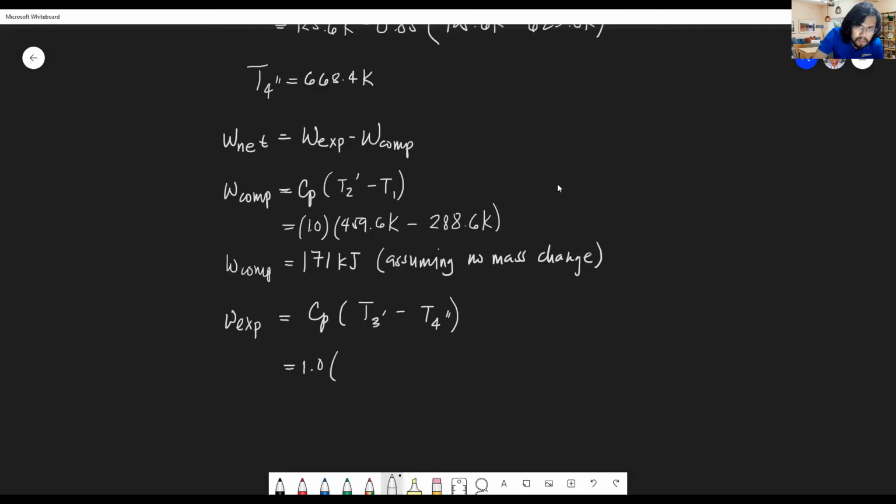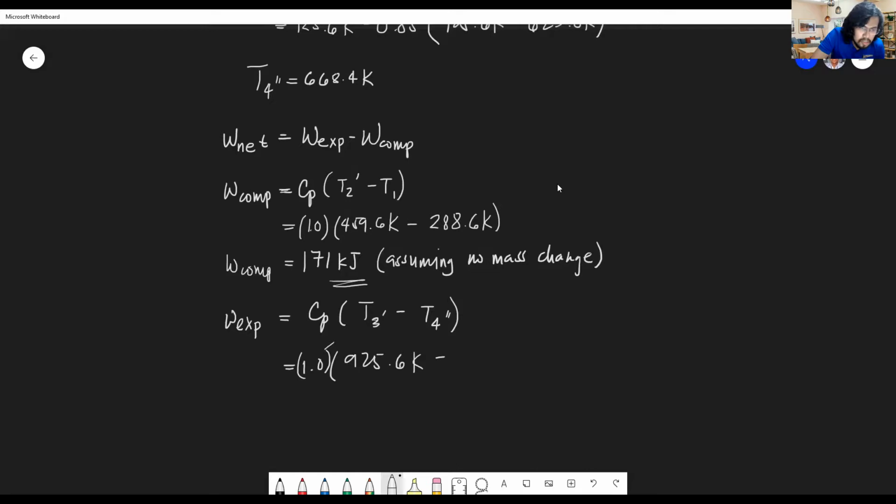So this is 1.0 times T3 prime, which is 925.6. Again, this is kilojoule per kilogram per Kelvin, so that's why we get a value in kilojoules.